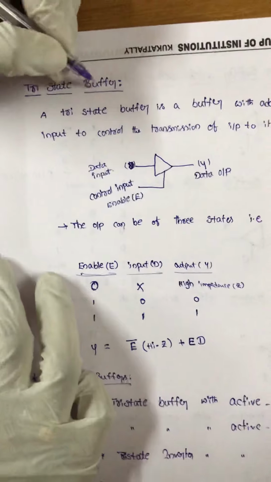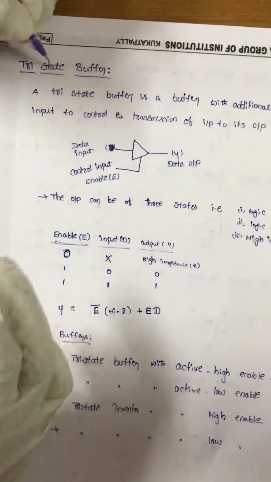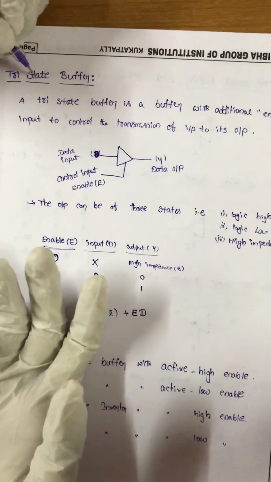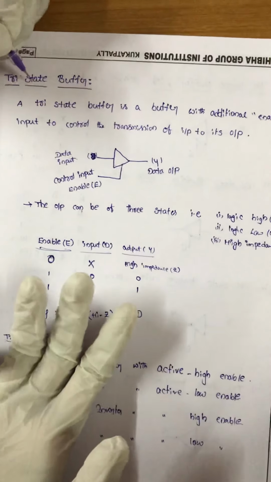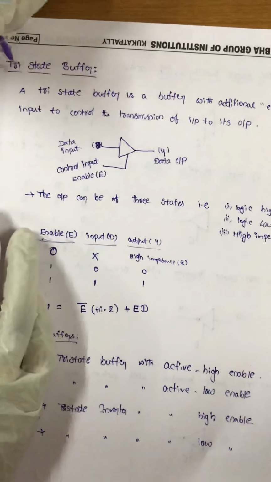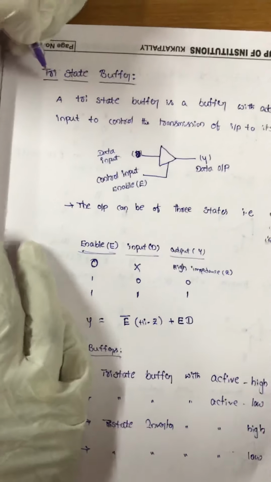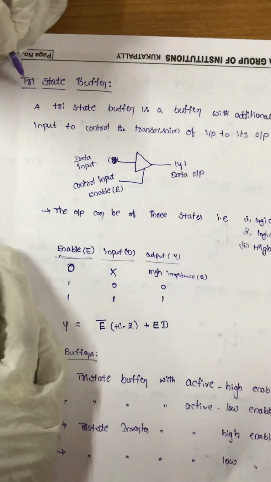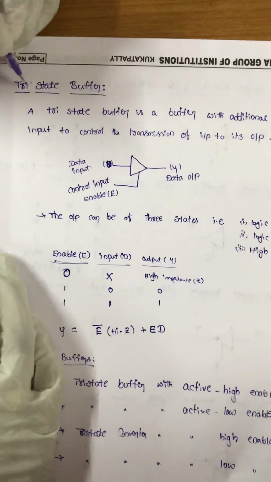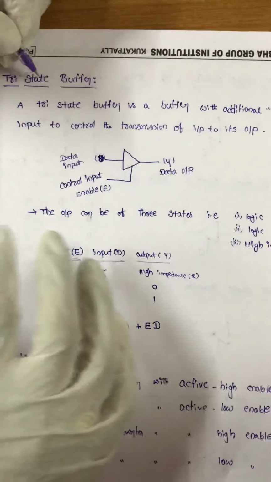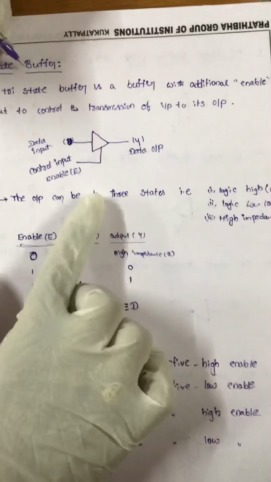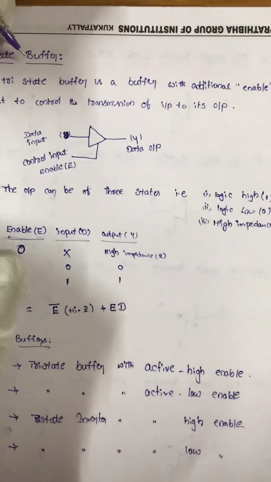Coming to the tri-state buffer. Tri-state means 3 states. In digital electronics, we have discussed 2 different types of logic, that is logic 0 and logic 1. In tri-state, one more state can be generated besides 1 and 0.